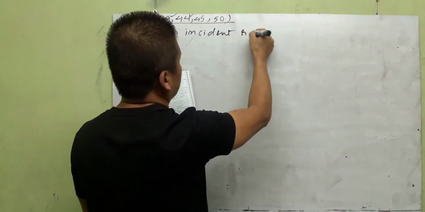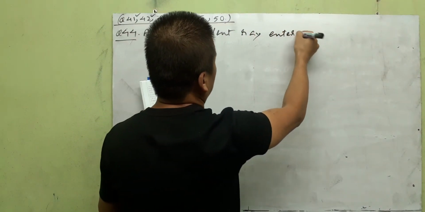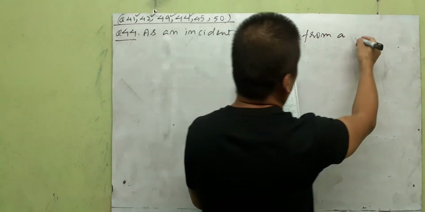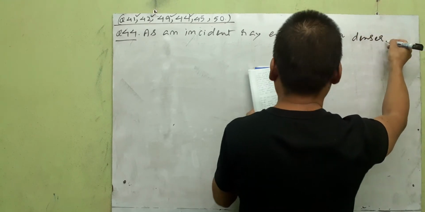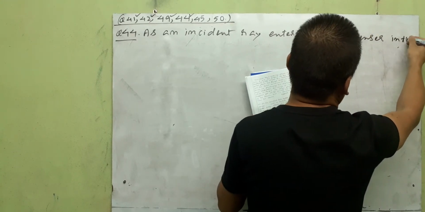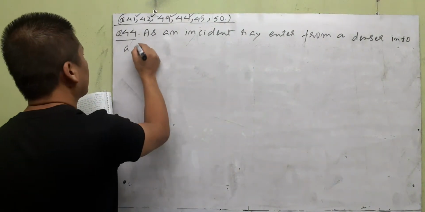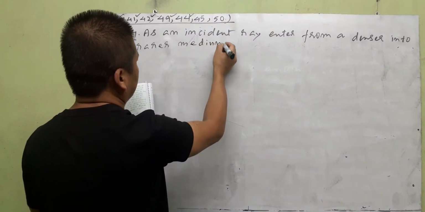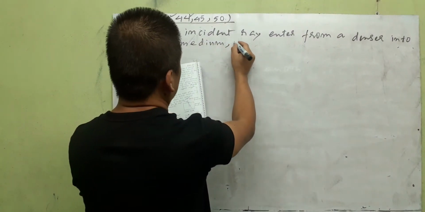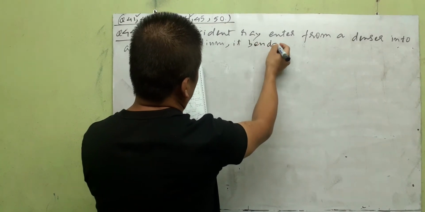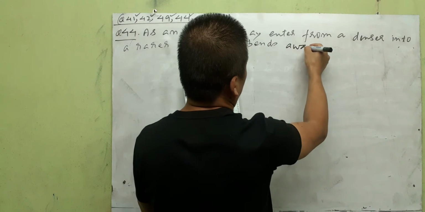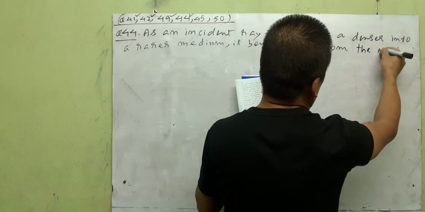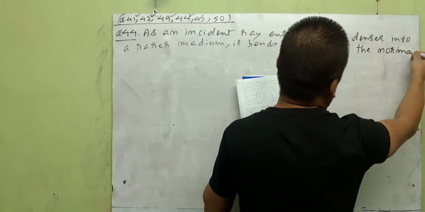Incident ray enters from a denser into a rarer medium, it bends away from the normal.